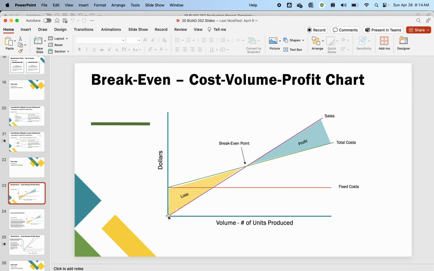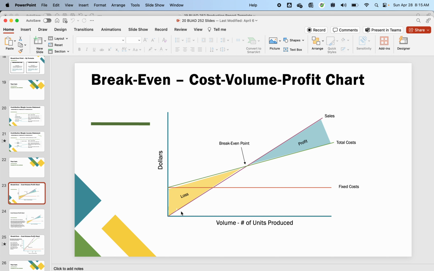But our sales line starts at the 0 point, because if you don't make any sales, you don't have any. You have sold 0 units and you have made $0. So you start here, and what's best practice is, once you figure out by formula what your break-even point is, in order to make this work, you pick a unit, like 10,000 units.